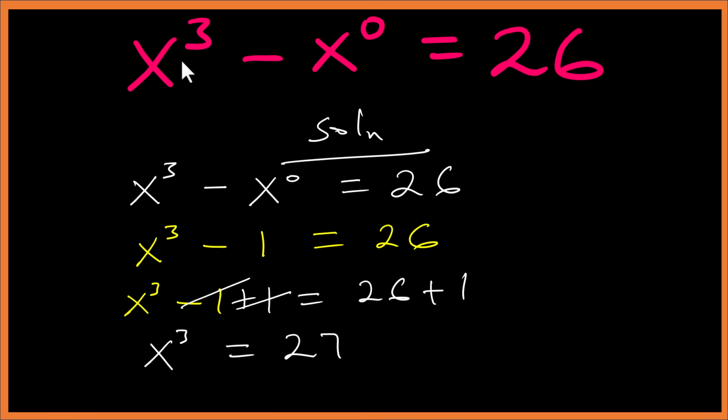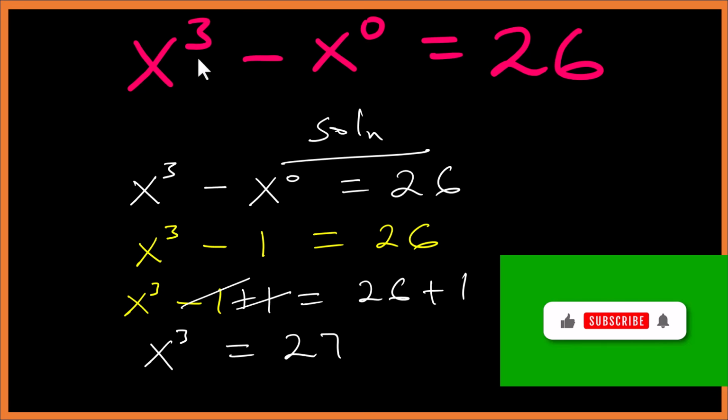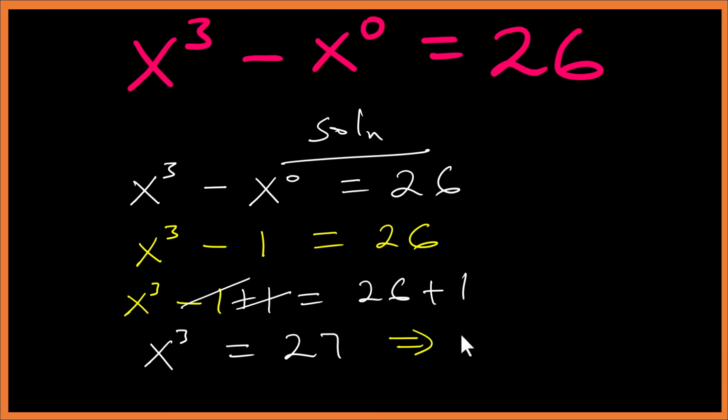With x to the power 3, x is supposed to have 3 solutions, so we need to solve for all the solutions here. From here, I can say that x cubed minus 27 is equal to 0.